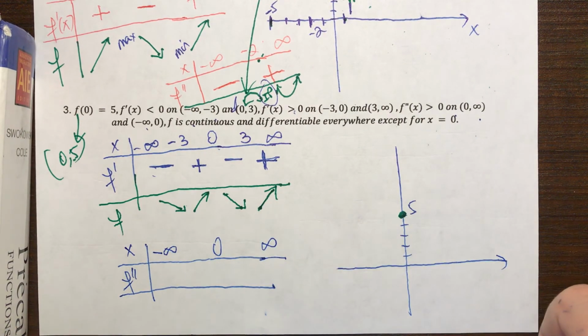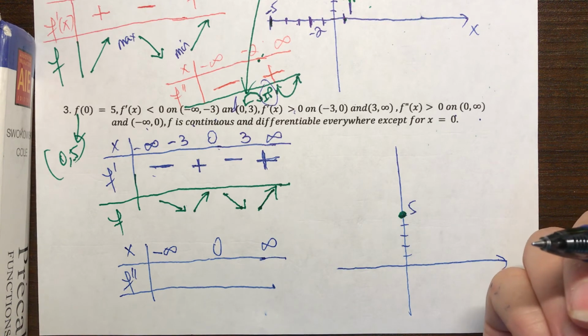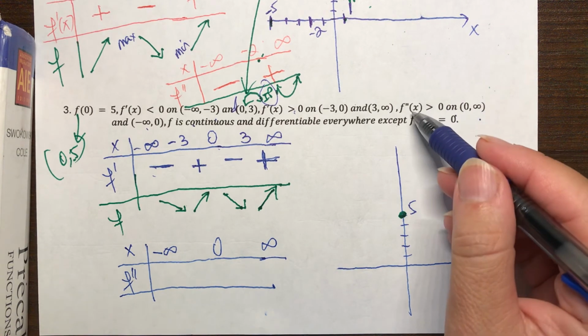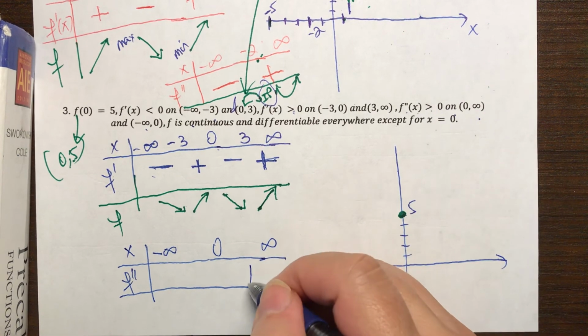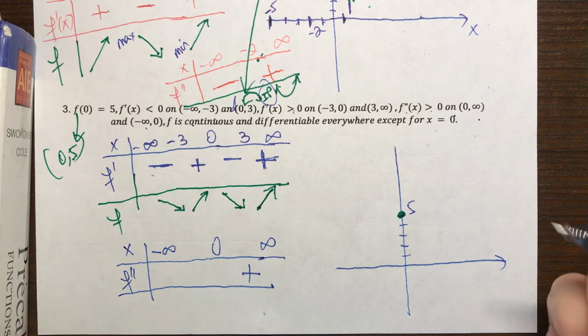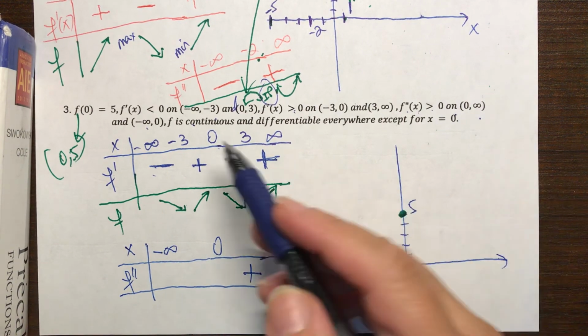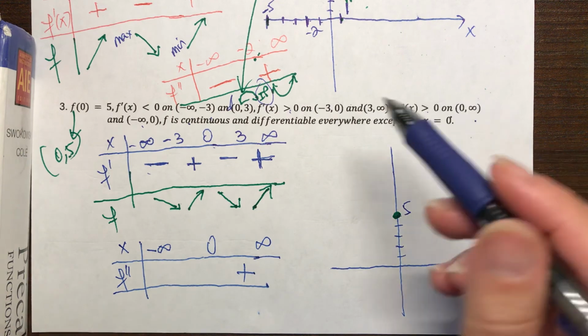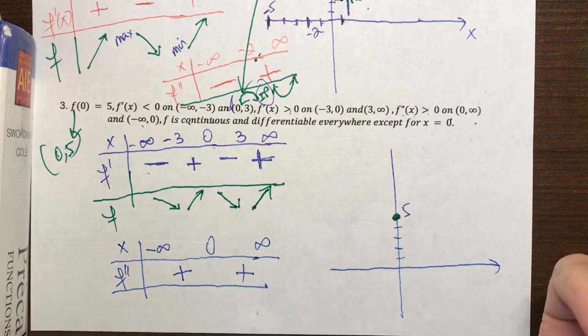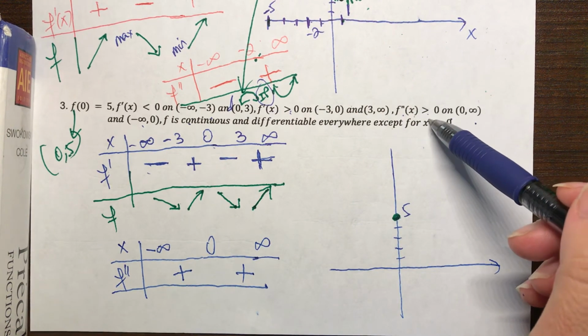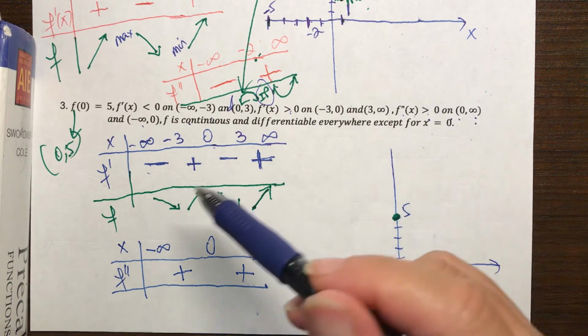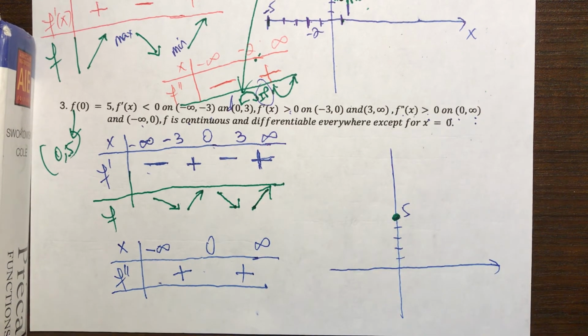So I see there's only one break. Okay, what is it? The second derivative is more than 0, meaning positive on 0 to infinity. And positive again. It doesn't say negative, right? So it's positive from 0 to infinity and from -infinity to 0.